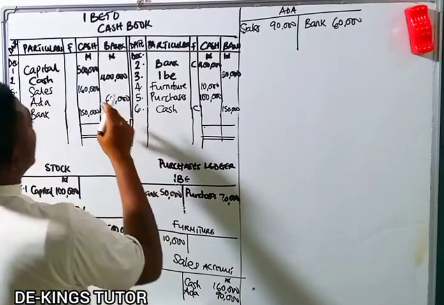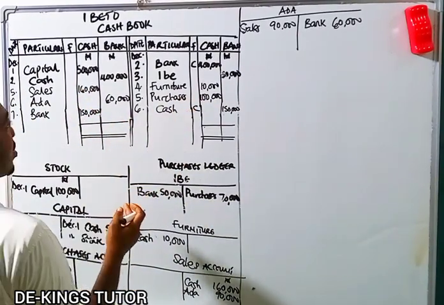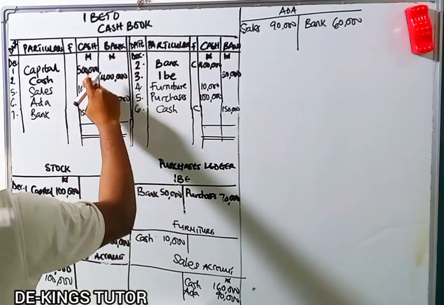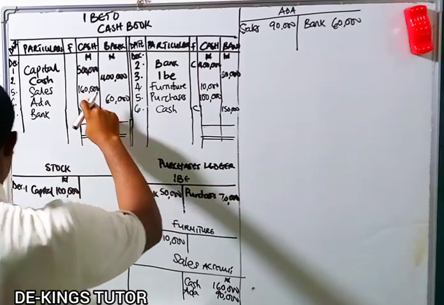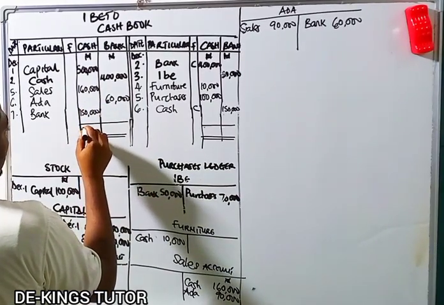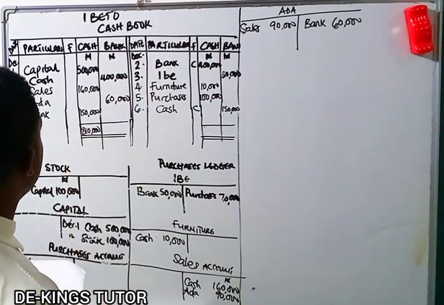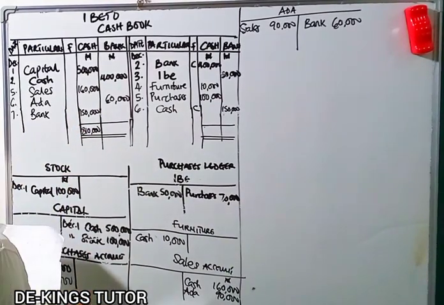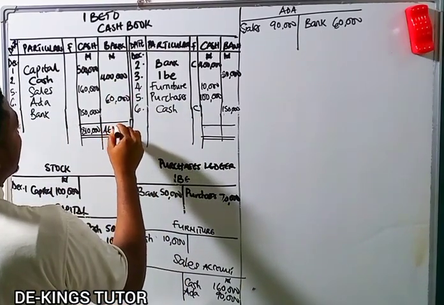So if we add up, the debit side, looking at it, is greater than the credit side. So let's add up the cash. 500,000 plus 160 will give us 660,000, plus 150 will give us 810,000. Okay, 810,000. While 400 plus 60 gives us 460,000.